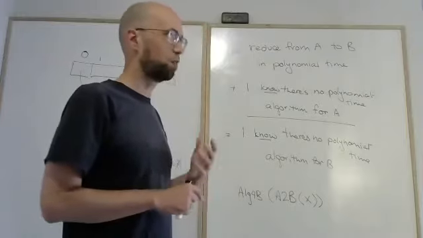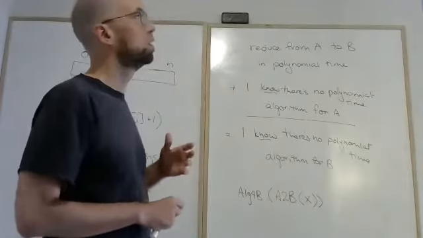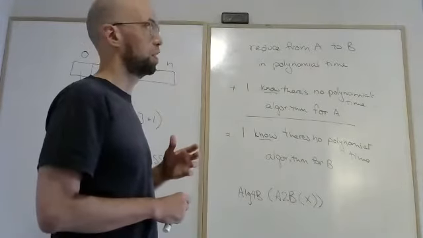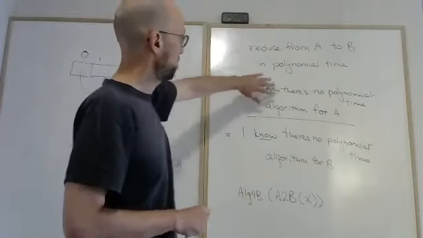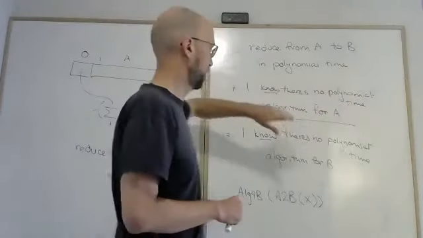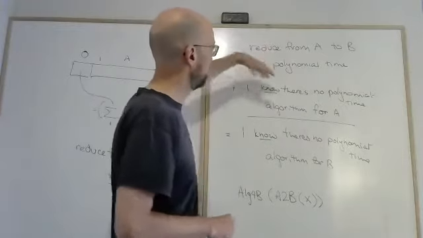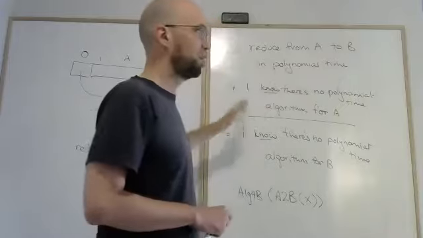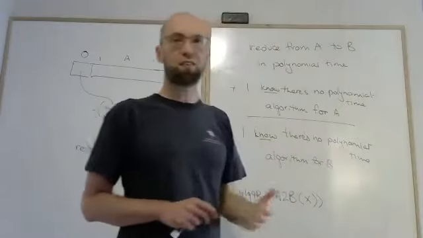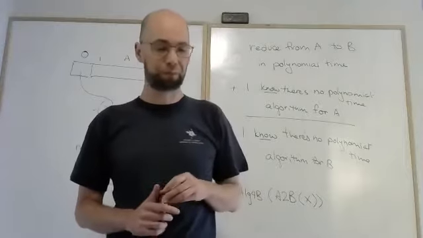And we've been looking for 40, 50 years, and we haven't found one. So we suspect there's no polynomial time algorithm for SAT, and that way if you can find a polynomial time reduction from SAT to your problem B, then it's good evidence that there's not going to be a polynomial time algorithm for your problem B.